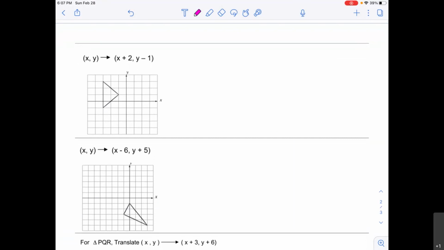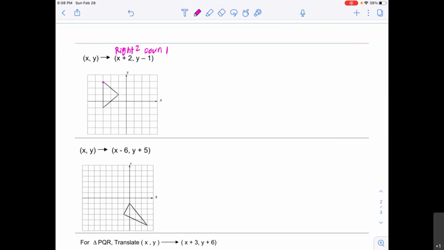X plus 2, that means positive, or to the right 2. And y minus 1, well, that minusing on the y will be going down, so that will mean down 1. So each point on this, I need to move right 2 and down 1.